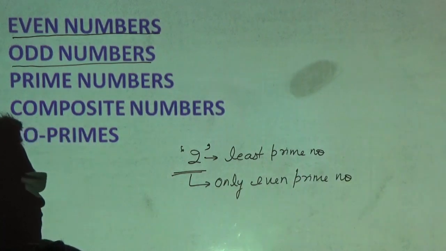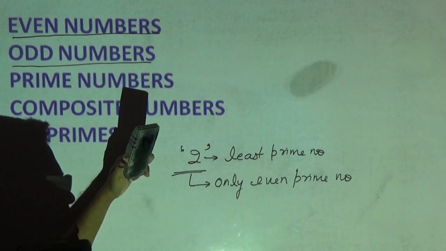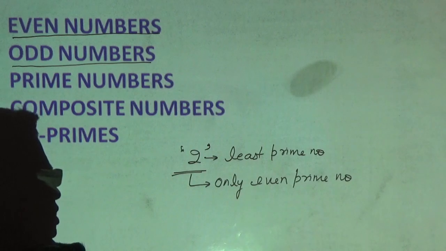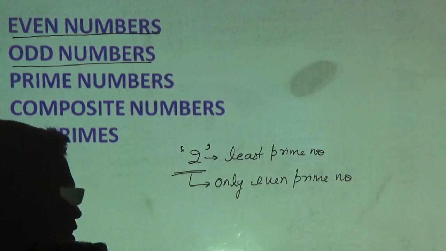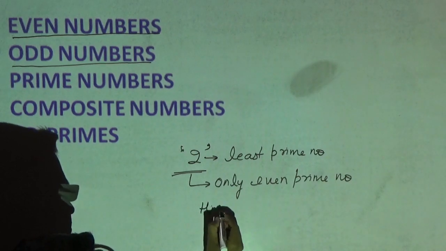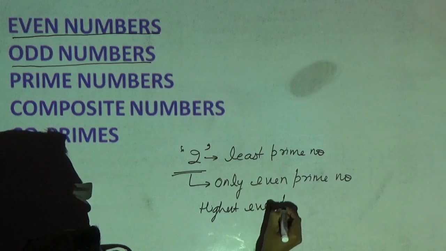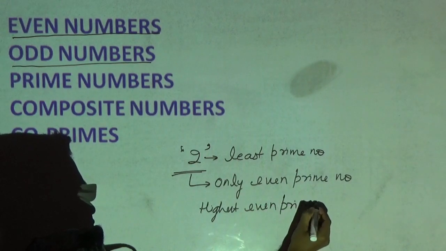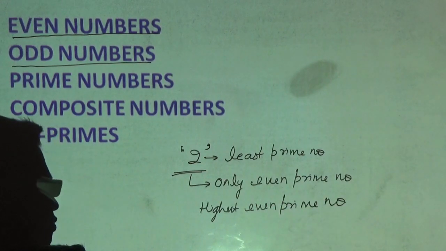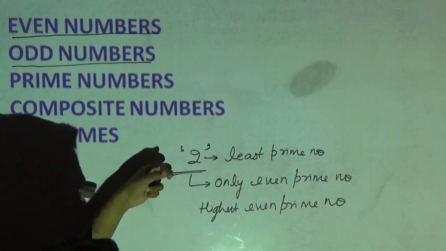No even numbers are prime apart from 2. Except 2, there is no even prime number. They may also ask in a different way, which is the highest even prime number? Since there is only one even prime number, it is both the highest and the lowest.